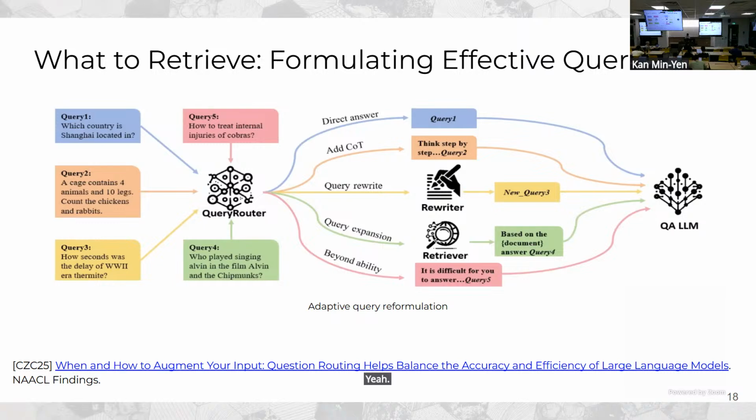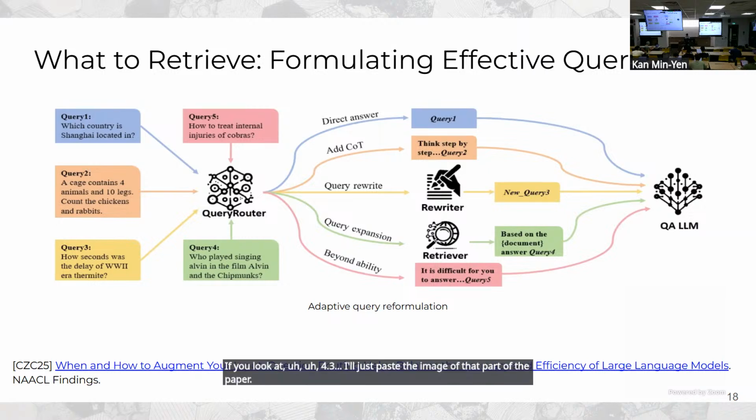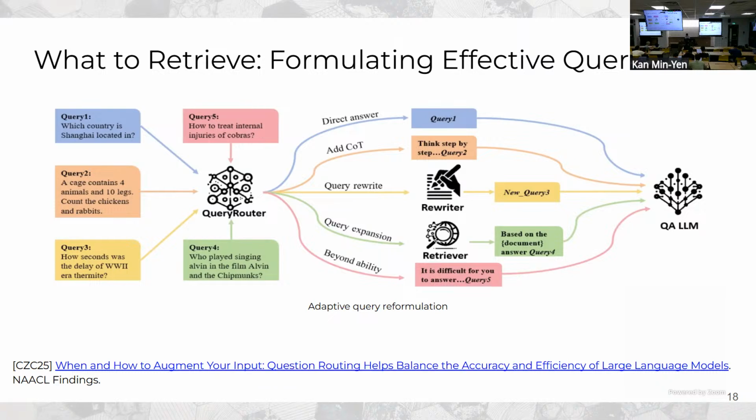Yeah, okay, it does say so. On page 6 of the paper, if you look at 4.3, I'll just paste the image of that part of the paper. They do say that they're using BERT.